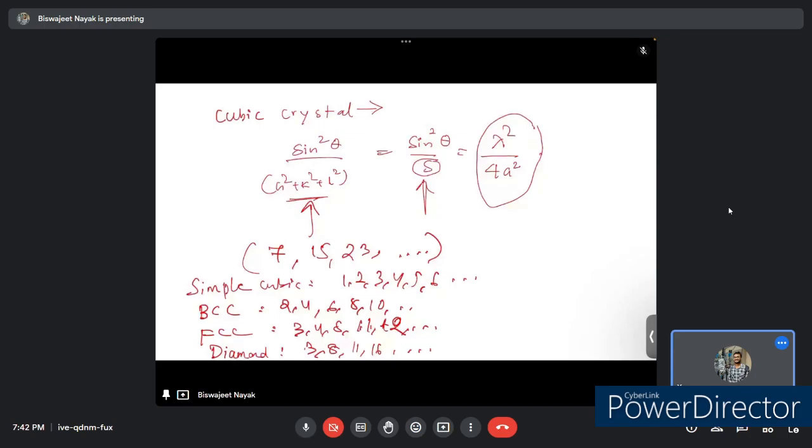From this we can say for simple cubic we get values like 1, 2, 3, 4, 5, 6.